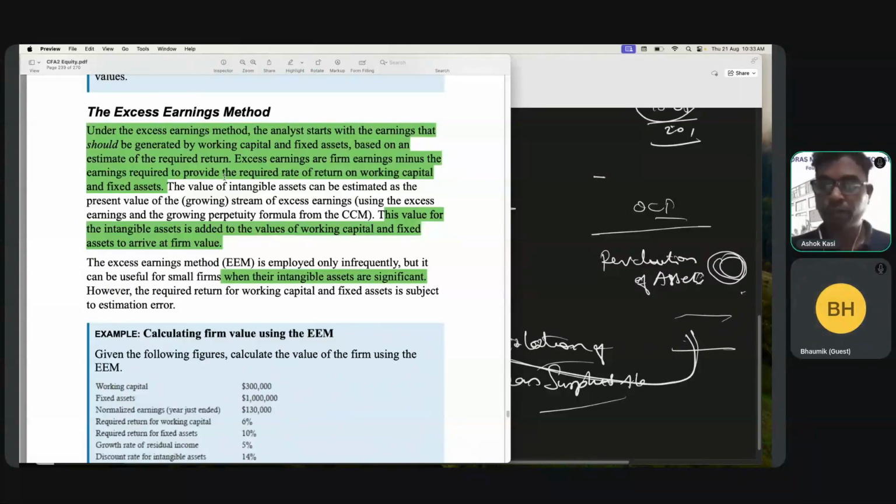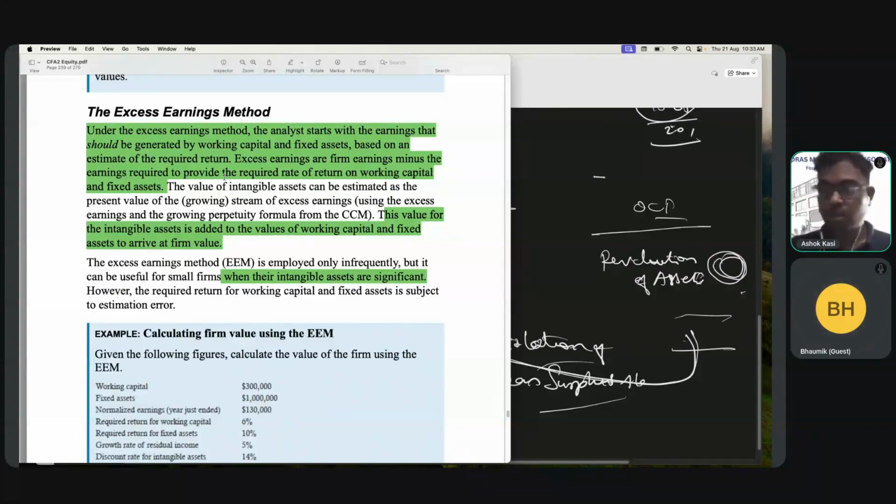It will be growing faster. That means it is giving more than what is required. When it is giving more than what is required, then the rest of the returns are attributed to whom? That means it has some intangible talent or intangible assets. You understood what I'm trying to say here?